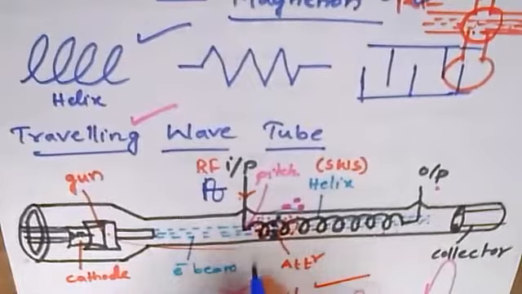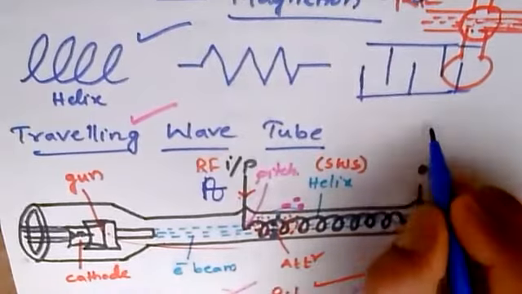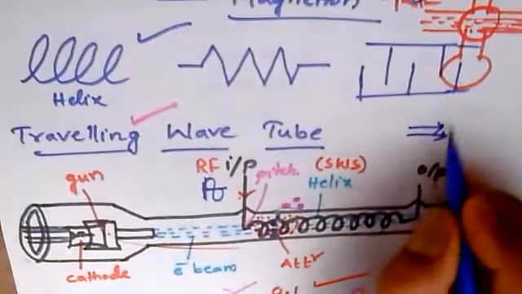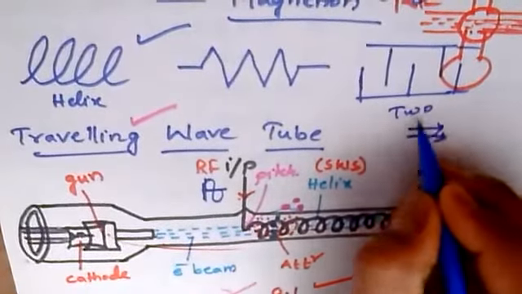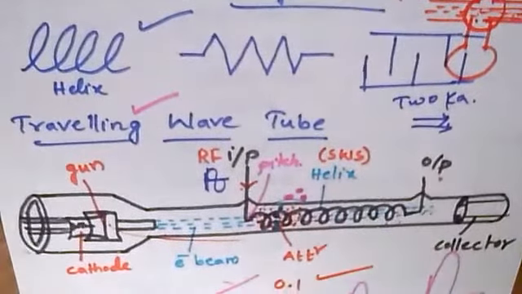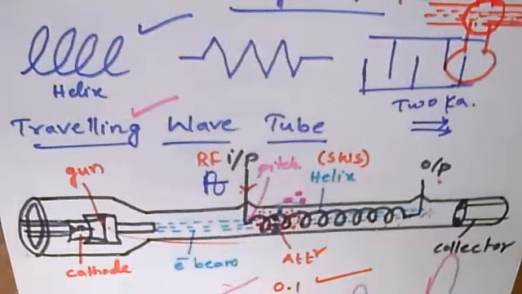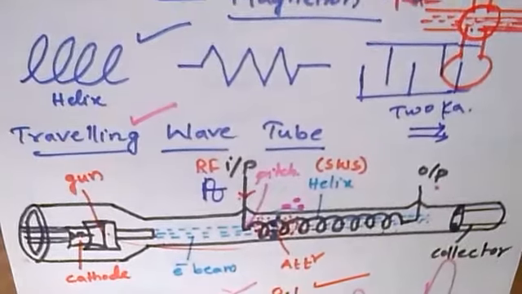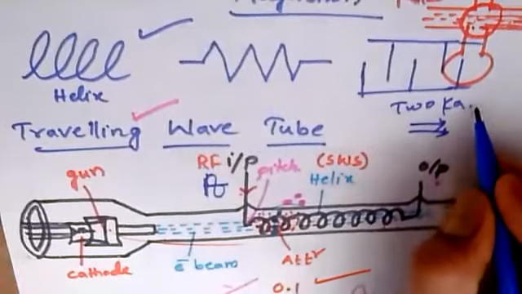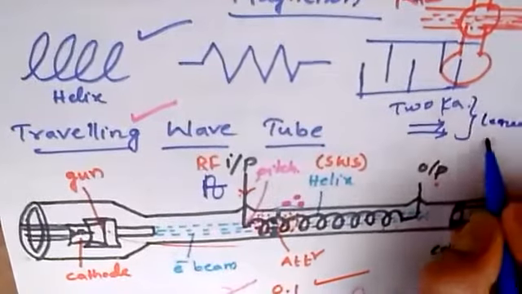In this case, we can observe that the axial electric field and magnetic field will both be linear, so both will be linear to each other. In the previous cases, the two cavity klystron amplifier and the klystron amplifier, it was found that both electric field and magnetic field are linear to each other, so these are named linear beam type of tubes.